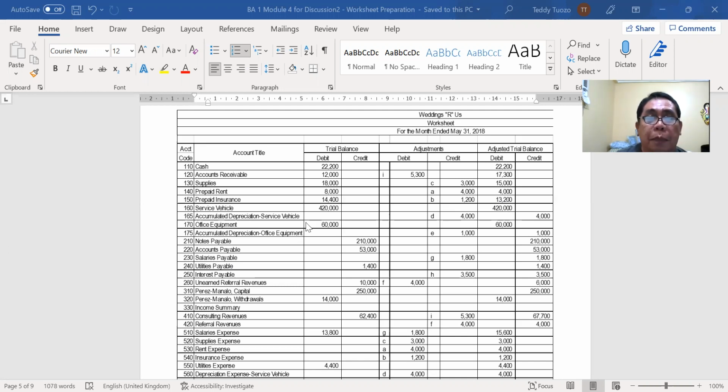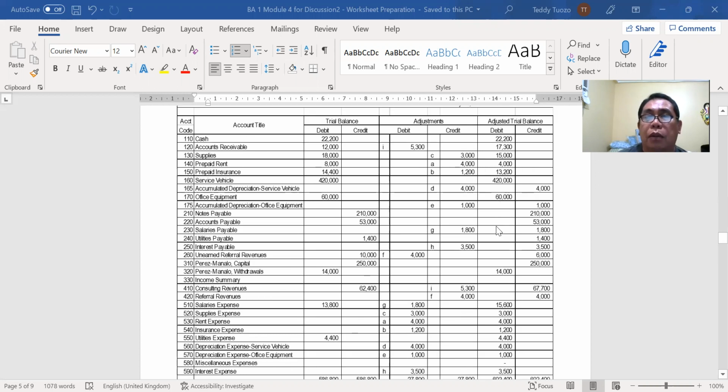So the accumulated depreciation in the unadjusted trial balance is 0 pa. And then suddenly we have already made an adjustment for the depreciation for the period, 4,000. So of course the balance will be 4,000 because it was 0 in the unadjusted trial balance. Office equipment, no adjustment, so diretso copy it to the same column in the adjusted trial balance.